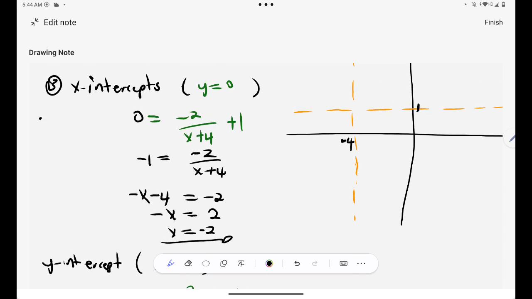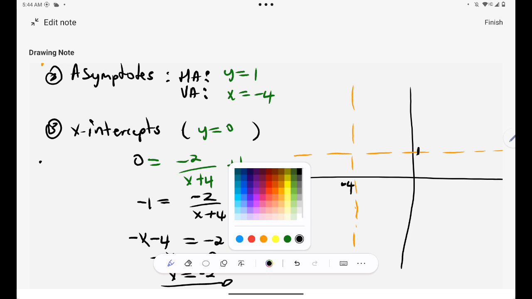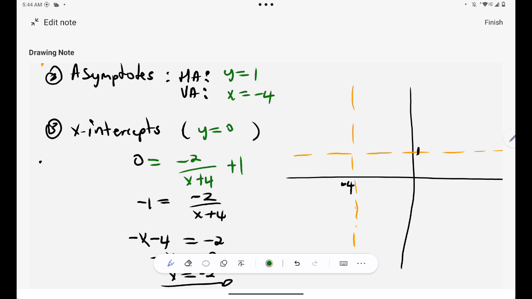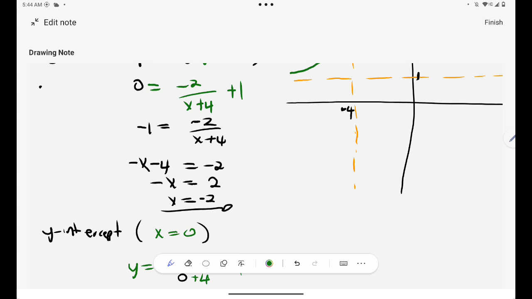Okay, my a is negative, so my graph will be on the second and fourth quadrant, right? So my graph will be here, and then the other one will be here. I know that this intercept is 1 over 2. This one is -2.